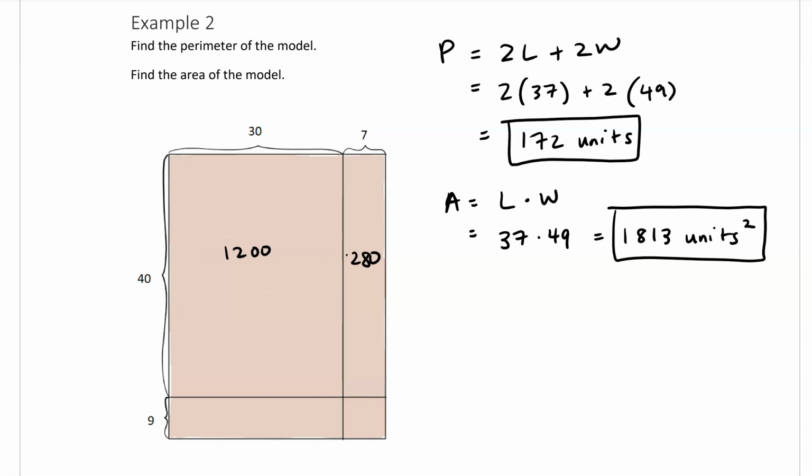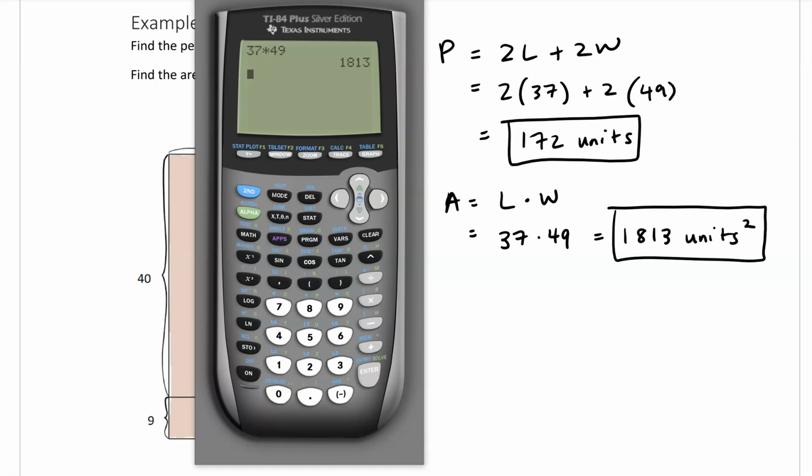So that will have an area of 280 units squared. And then the bottom left rectangle will be 30 times 9, which is 270. And then the last rectangle in the bottom right corner, the smallest one, will be 9 times 7. So that's going to be 63 units squared.